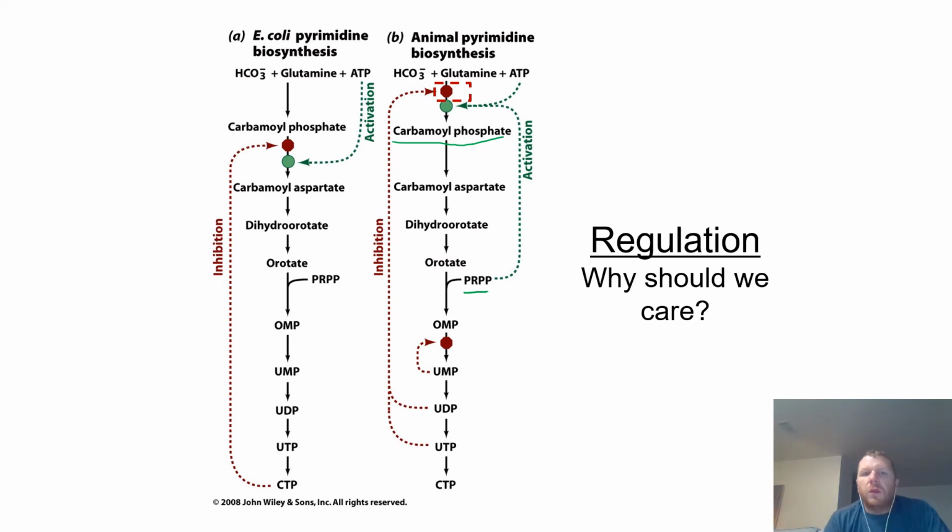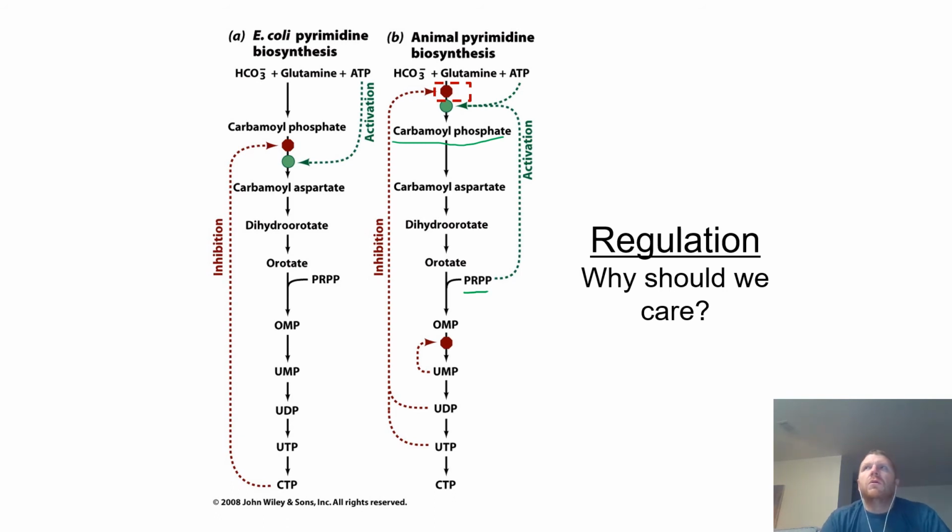Now, one of the things that you could think about with respect to this is, where is pyrimidine biosynthesis taking place in an animal cell versus an E. coli cell? Well, they're both taking place in the cytosol, but does E. coli have a mitochondria? No, it doesn't.